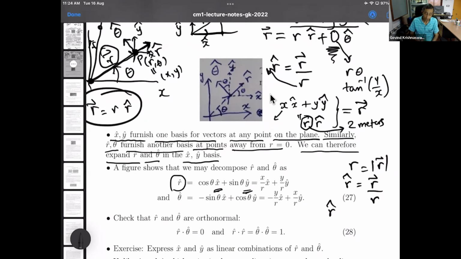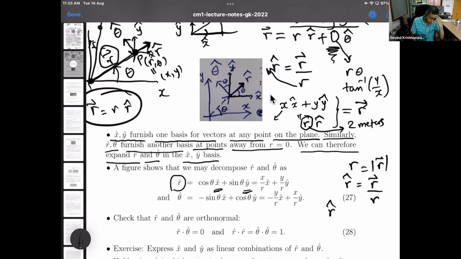I hope you will agree with this formula, and it is motivated by the picture. I have a point here. x hat points this way, y hat points that way, and r hat points radially outward. They're all unit vectors.